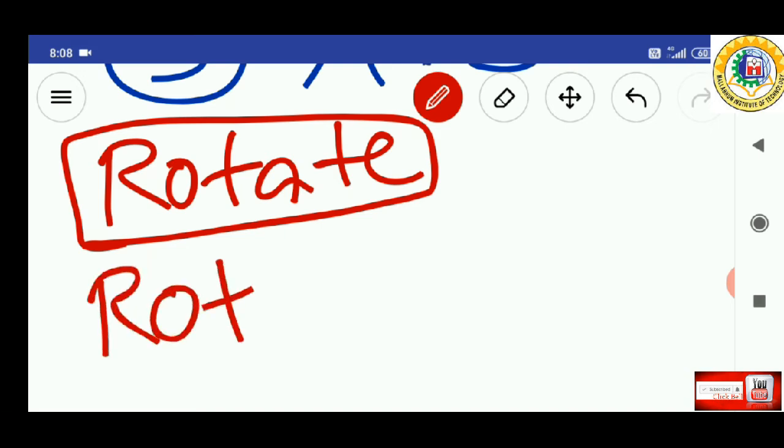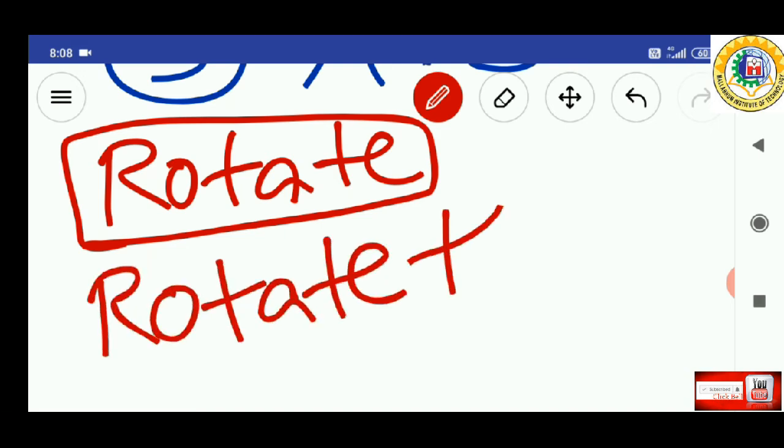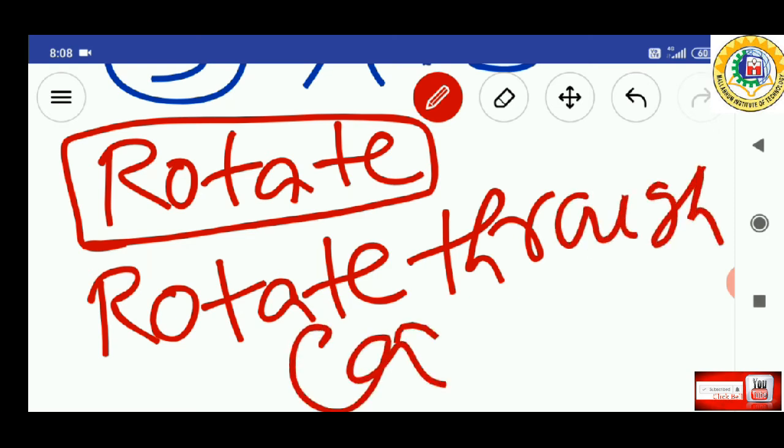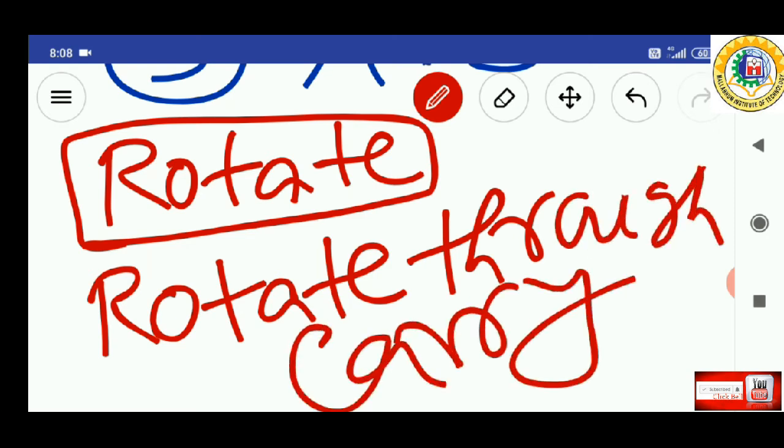Next we will discuss the rotate operation, and also the rotate through carry. These two operations we will discuss next.